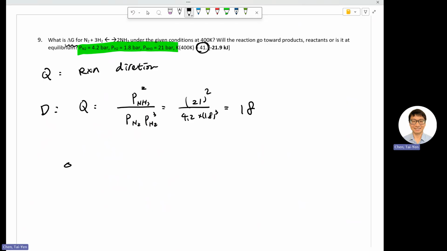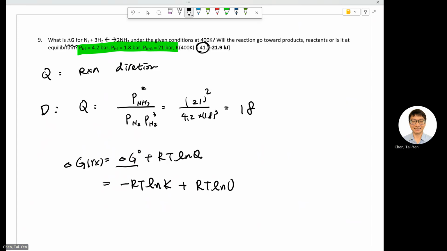Because we know the delta G of your reaction equals delta G0 plus RT natural log Q, and delta G0 is negative RT natural log K. So you can further expand this equation. You got your Q here, you got your K here.